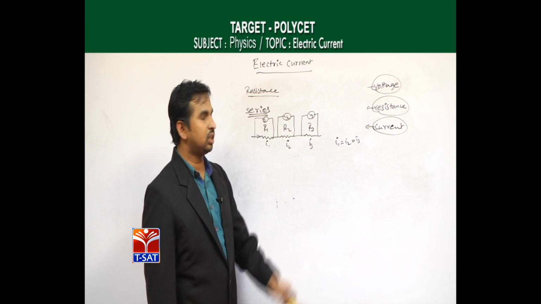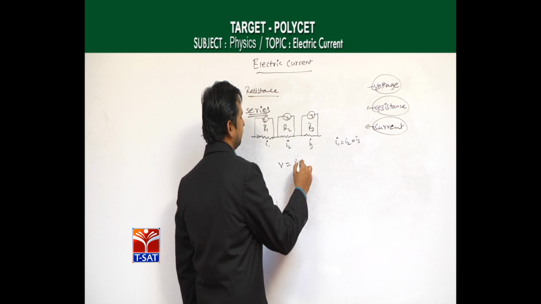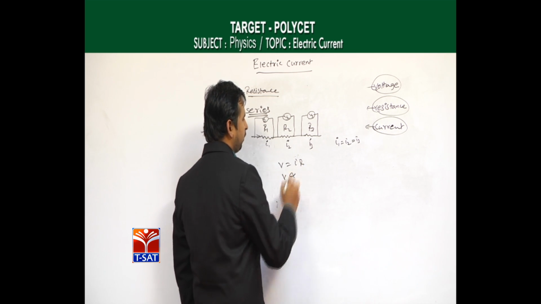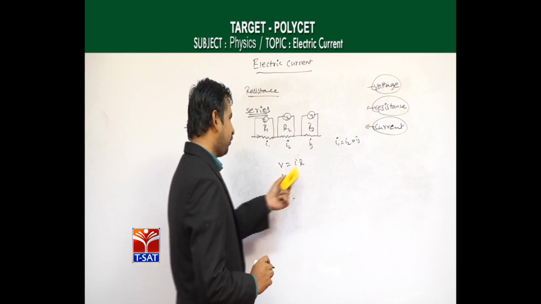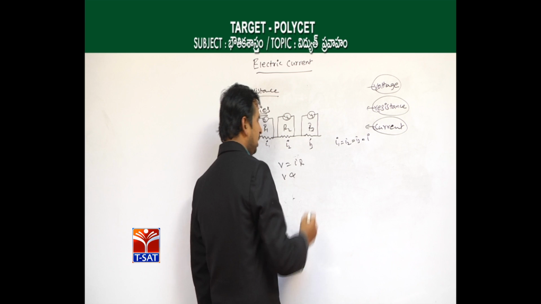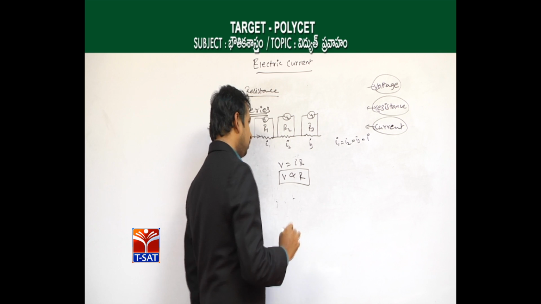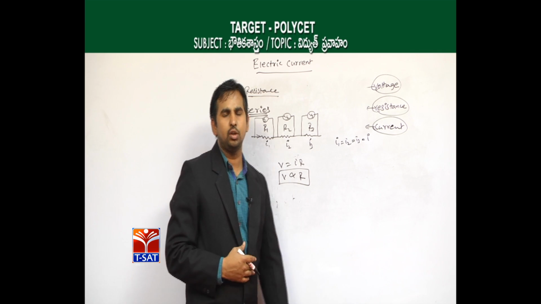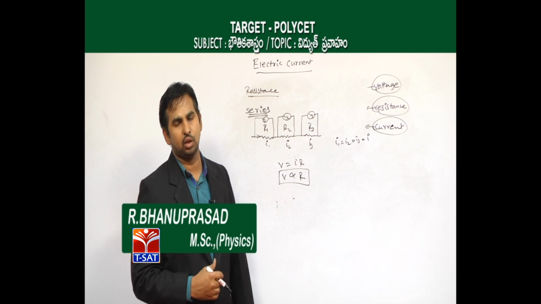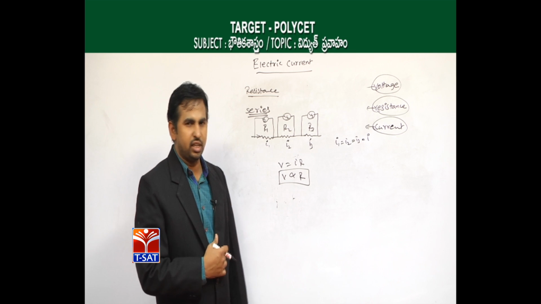How is that voltage related? We know V is equal to IR, so V is directly proportional to I if the resistance is constant. In this case the current remains constant, so V is directly proportional to R, which means the more the R value, the more the voltage drop at that point, so that the same amount of current passes through all three resistances.